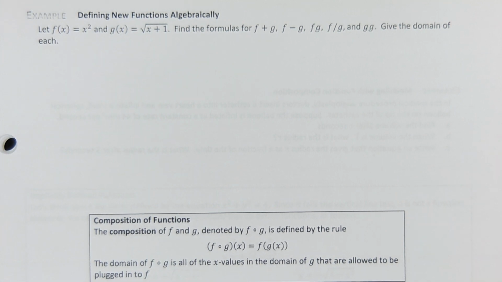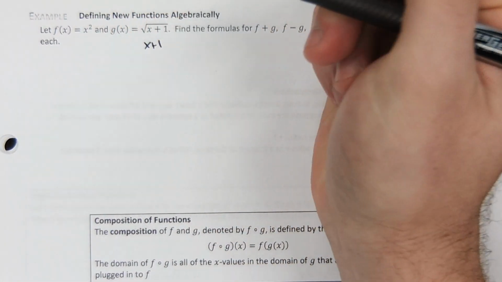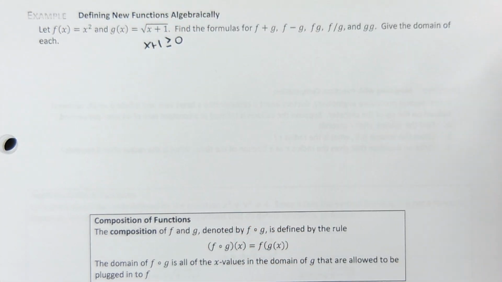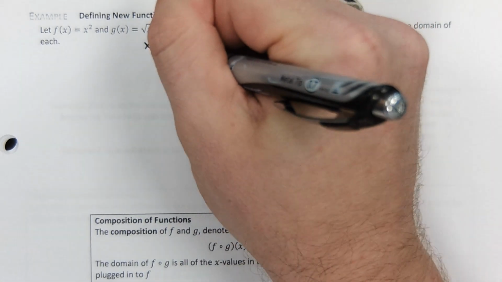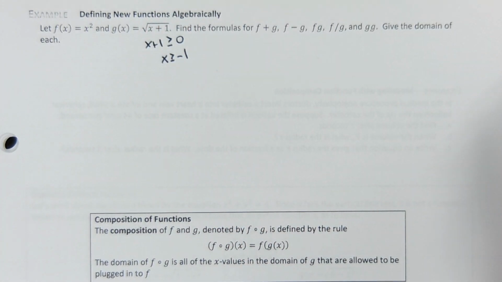We've talked about them several times already. We cannot take the square root of negative numbers. So what we have to do is we have to make sure that x plus 1 is never negative, meaning greater than or equal to 0. If you subtract 1 from both sides, what we find is that we need x to be greater than or equal to negative 1 for g of x. So that's for g of x. For f of x, x can be any number it wants to be.